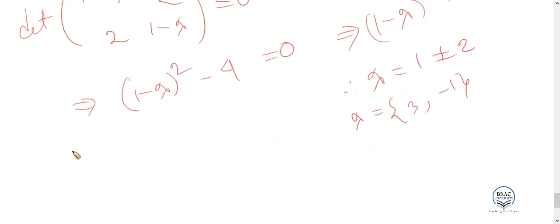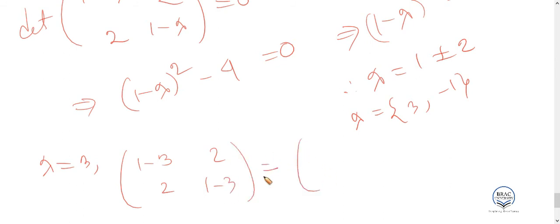And if you proceed as before, for lambda equals 3, we will have 1 minus 3, 2, 2, another 1 minus 3. There will be x1 and x2, because this is a 2 cross 2 system, so we expect our eigenvectors to have 2 entries in their columns, and there will be 0 0 over here.